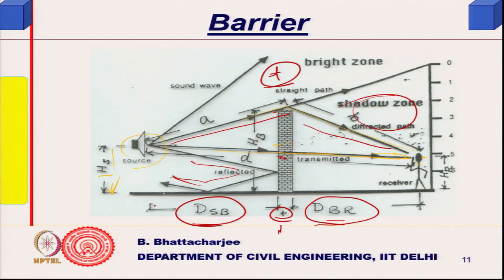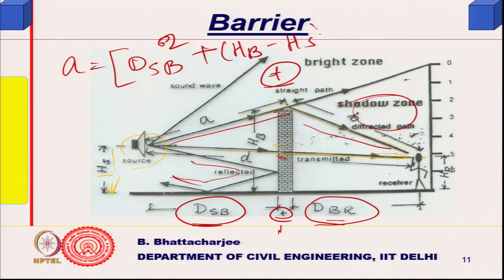A is equal to the square root of dSB square plus (HB minus HS) square, right. So, A is this.